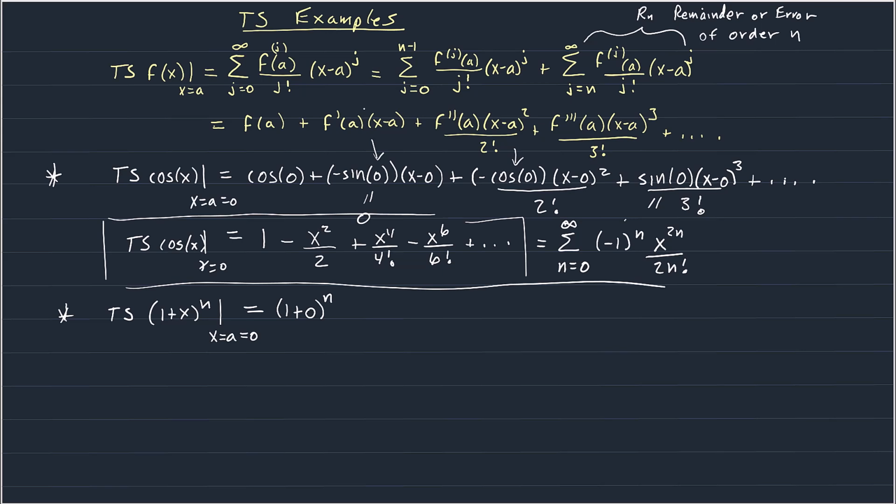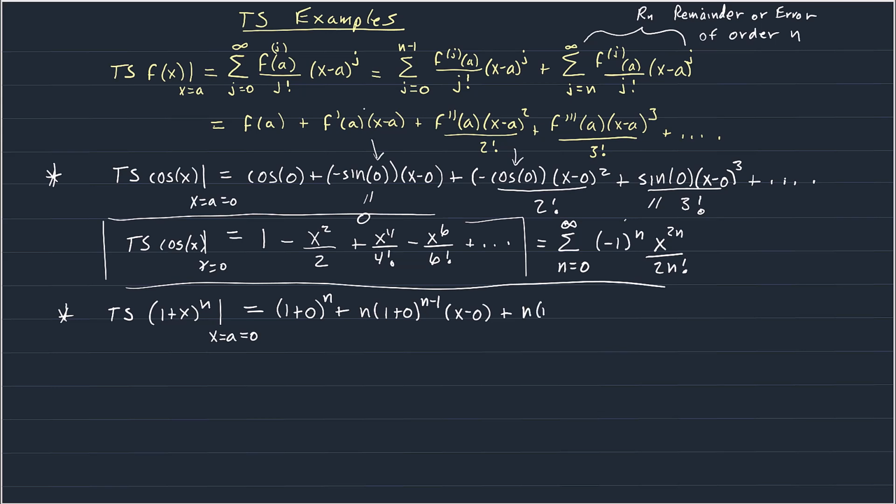And then we have the second term, which is the first derivative of the function. So that's n times 1 plus x, but x is evaluated at 0. And so we have an n minus 1, and that's multiplied by x minus a, which is 0. That's this first derivative term. And if we went to the second derivative, we have to take the derivative of this function with x as part of the function.